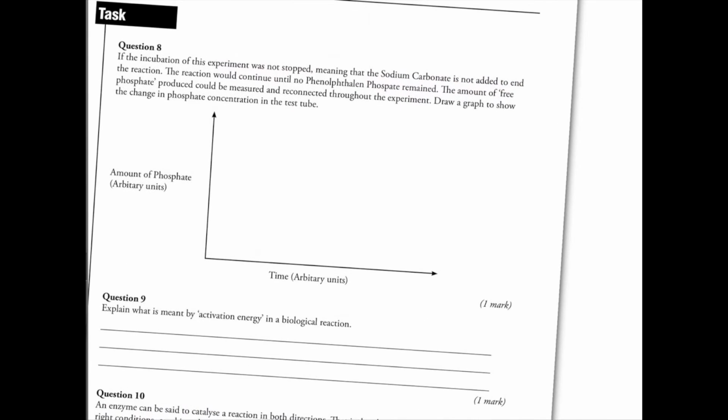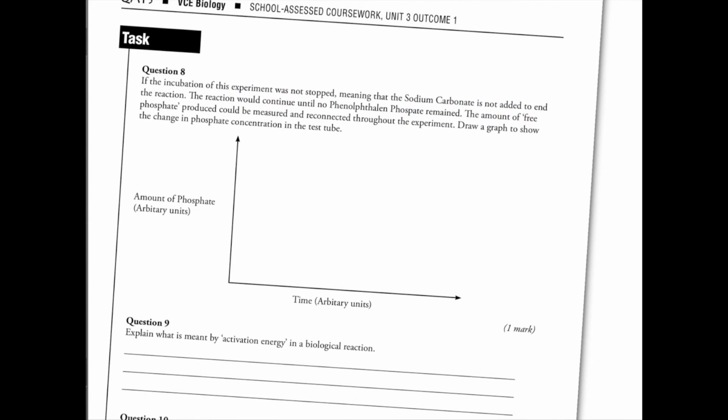So let's zoom in and read what they're asking us to do. If the incubation of this experiment was not stopped, meaning that we didn't add the sodium carbonate, remember that provided us with a basic environment, which did two things. It stopped the reaction, and it also gave the phenolphthalein an environment where it was able to show its pink colour.